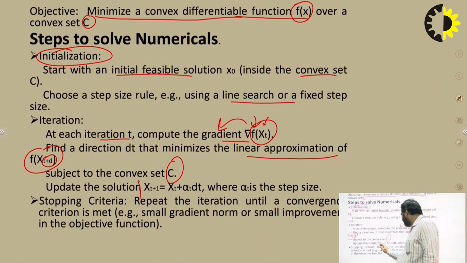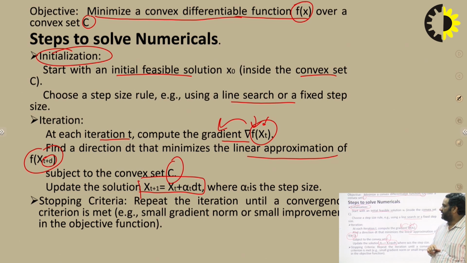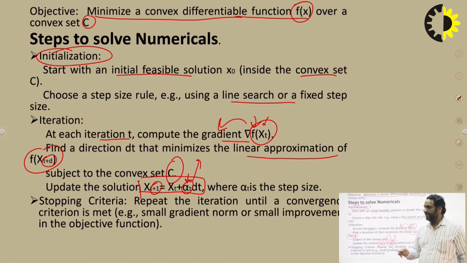This is the basic formula by which we proceed to optimize the given function. The formula is x(t+1) equals xt plus alpha t dt. What is alpha t? Alpha t is the step size rule, as discussed in the first step. So we are iterating this.